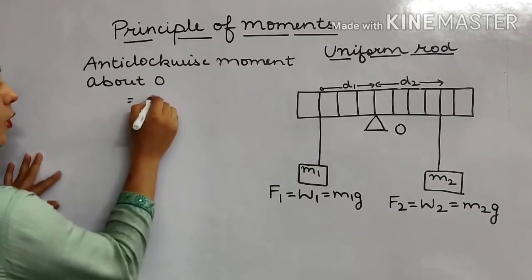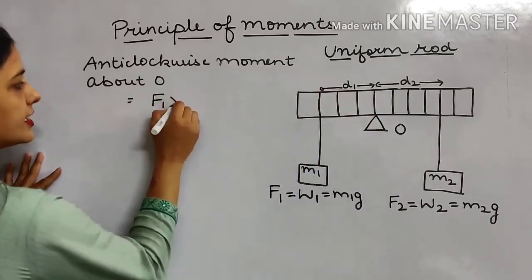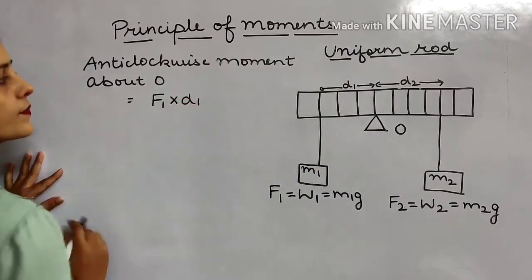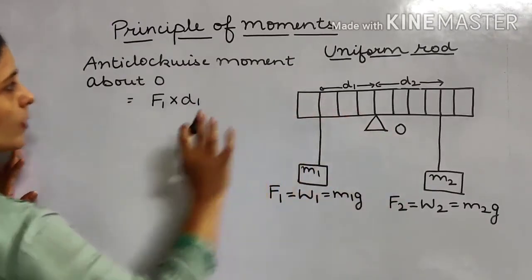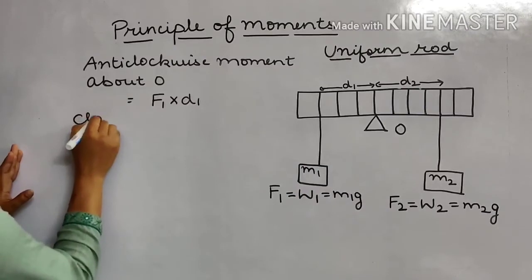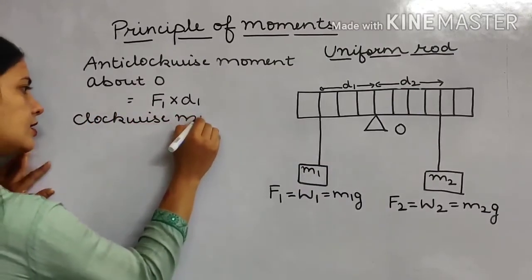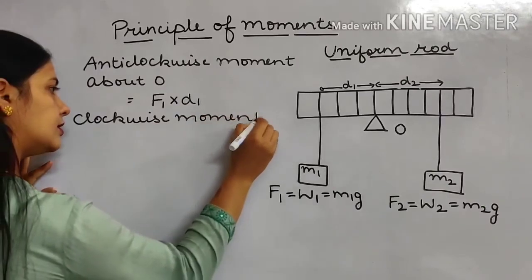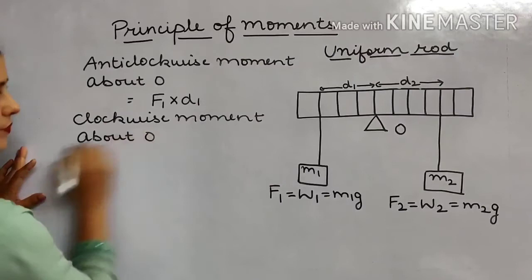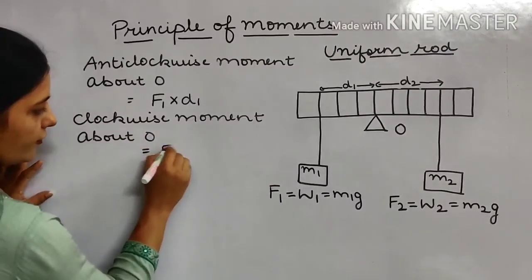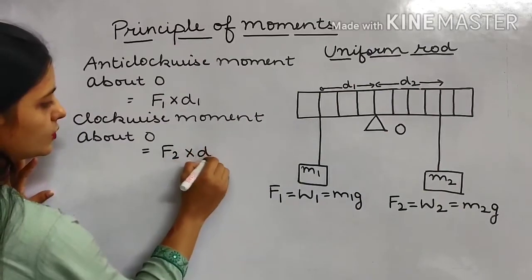That is force F1 multiplied by distance D1. Similarly, the other weight will move in the clockwise direction, so the clockwise moment about O is F2 multiplied by D2.